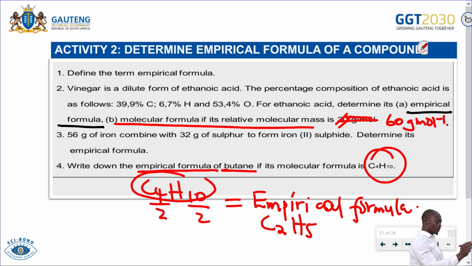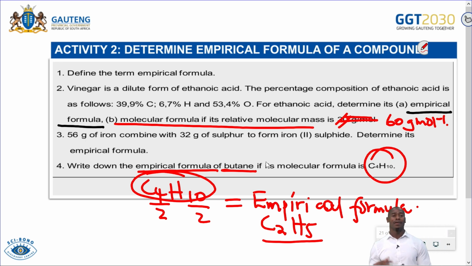This is the molecular formula, C4H10, and the empirical shows the simplest ratio of atoms present in a compound, which is C2H5. So our focus today, learners, was percentage composition, empirical formula, and molecular formula. Determine the percentage composition, determine the empirical formula, and also determine the molecular formula. So that was our focus for today.